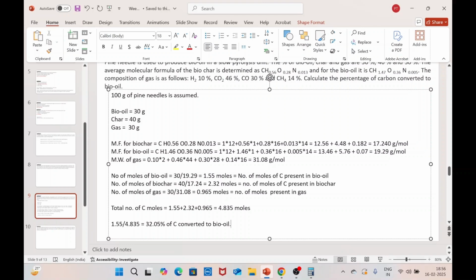So this is how you will calculate the percentage of the carbon converted to bio oil. Is my answer the same as yours, or is there anything different? Since it involves calculation of this average molecular weight, there could have been calculation errors.